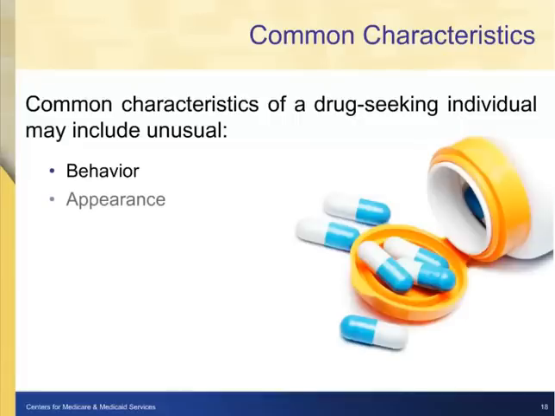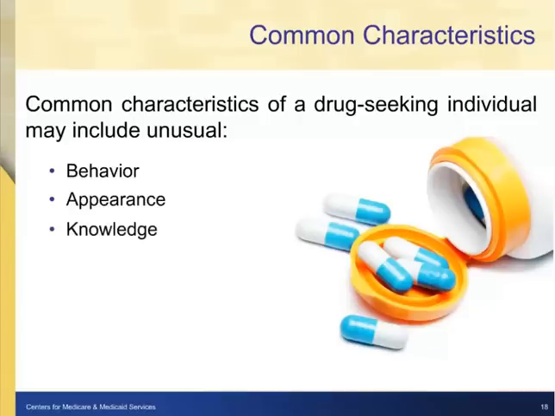Appearance. The individual may be underdressed or overdressed, may wear sunglasses indoors consistently, or may show visible signs of drug abuse, such as injection scars or skin tracks. Knowledge.